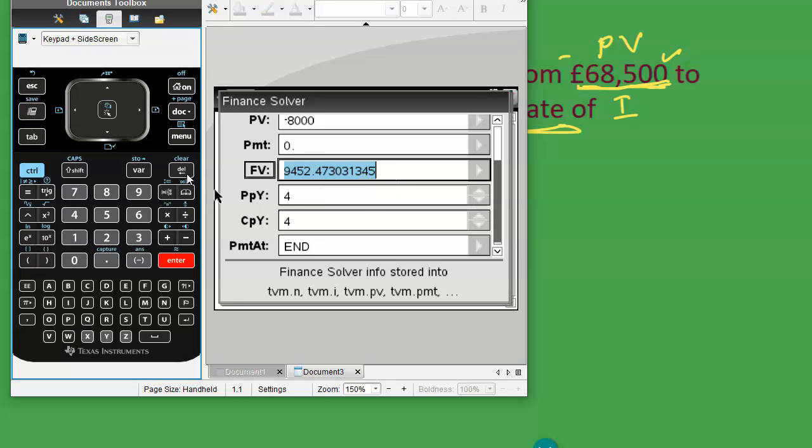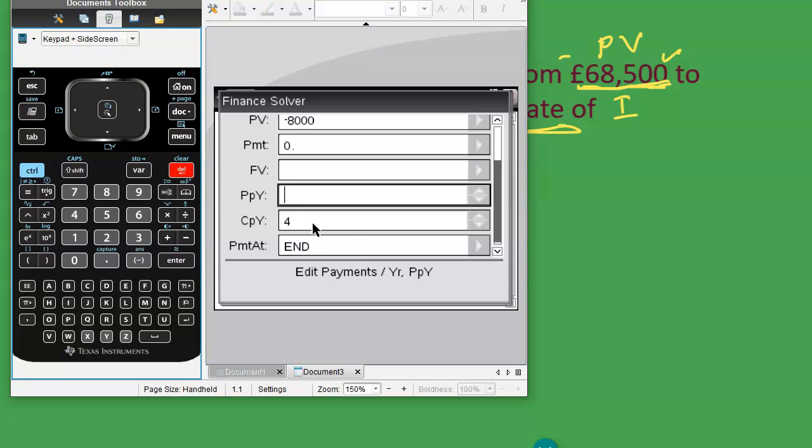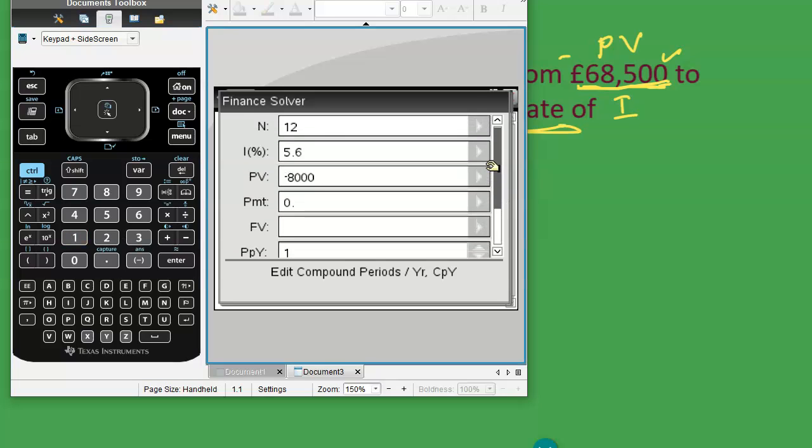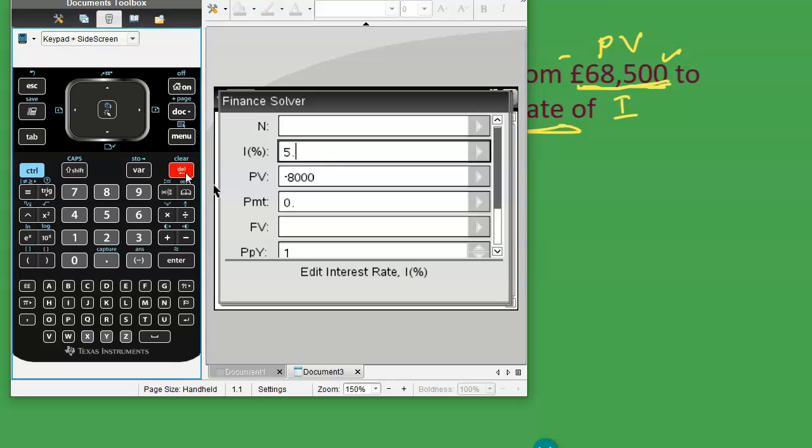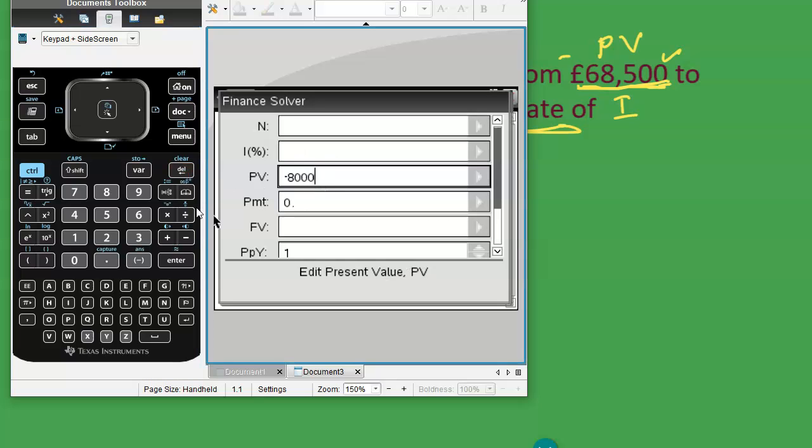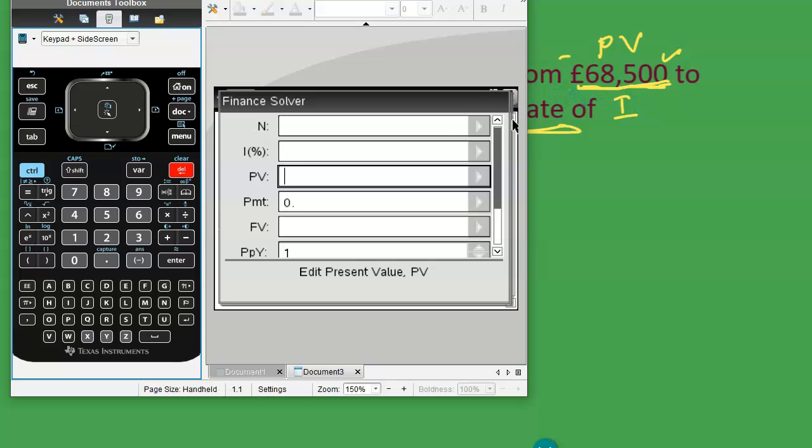First of all, we have to delete all the previous values. This is one. Okay. So the PV is negative 68,500.